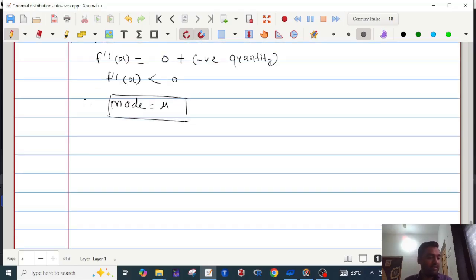Okay, and now the last part of today's lecture is let's take one or two examples where we will identify the parameters from the given PDF. Example based on identification of parameters.